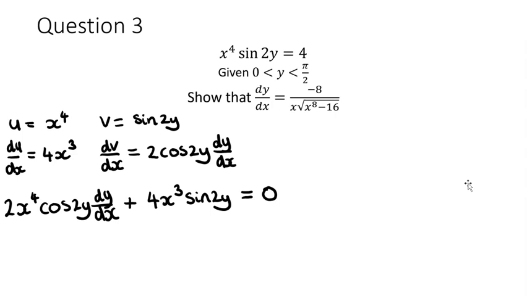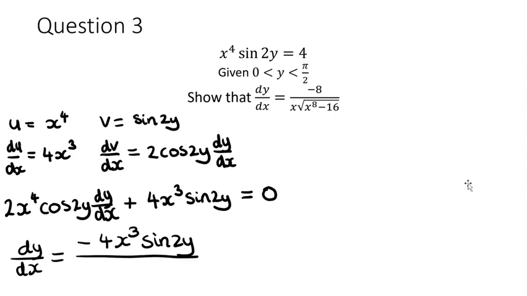I'm just going to do this in one step: we take away 4x cubed sine 2y from both sides, and then divide both sides by 2x to the power of 4 cos 2y. So the goal there was to get dy by dx on its own. Sometimes you'll see problems with multiple dy by dx's, in which case you'll need to get all of them onto one side and then factorize there.